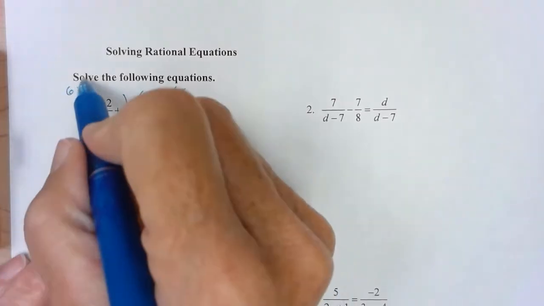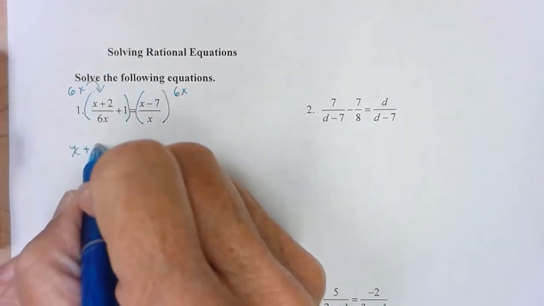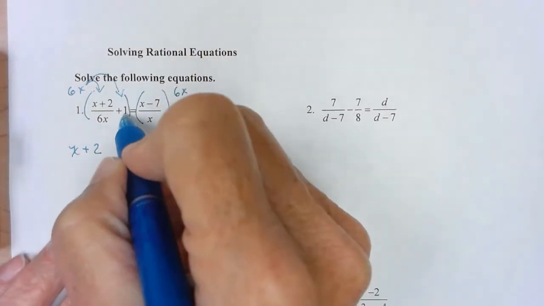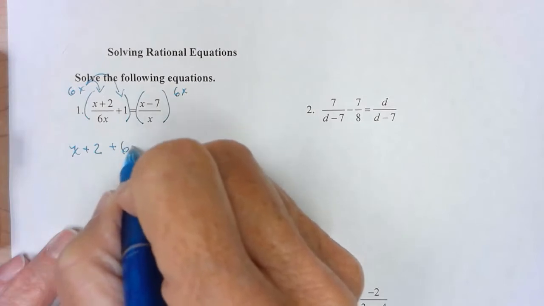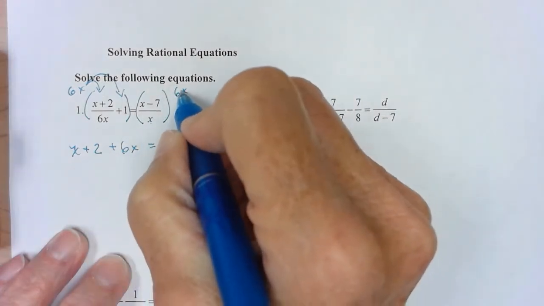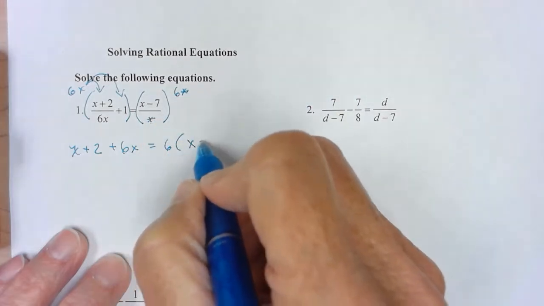So if I multiply this first term by 6x, I have x plus 2 come out of that. 6x times 1 will give me a plus 6x. X will go into 6x 6 times, so I've got 6 times x minus 7.